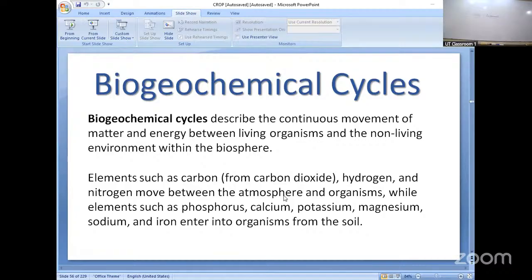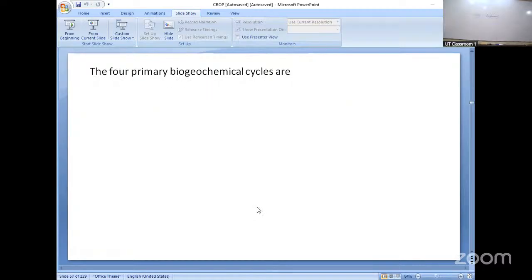Nitrogen is the major component, then oxygen, carbon dioxide, and others. Phosphorus, calcium, potassium, magnesium, sodium, and iron enter organisms from the soil. Soil absorbs nutrients, and if an animal feeds on a plant, these chemicals enter its body. So there is a continuous movement of matter and energy between living and non-living organisms.